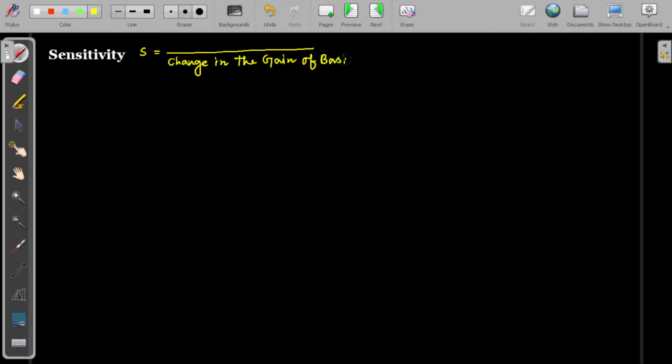If we change the gain of the basic amplifier, how much will be the change in the feedback gain? Feedback gain means your overall gain.